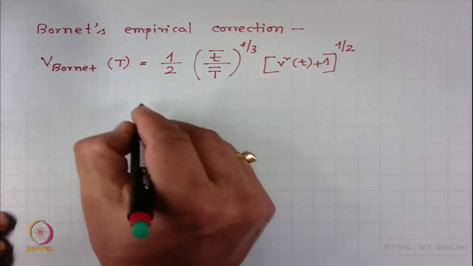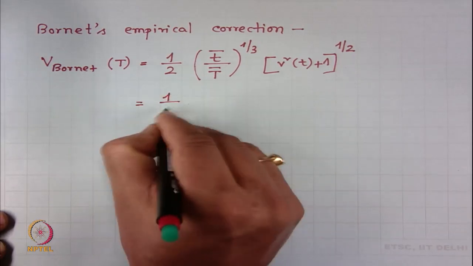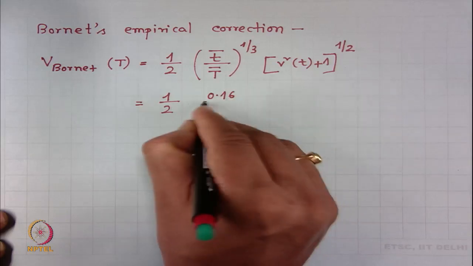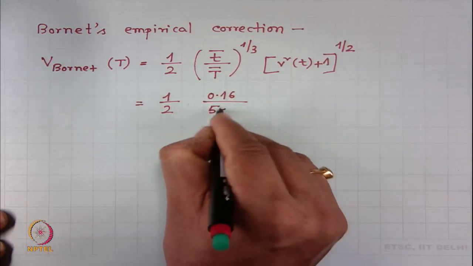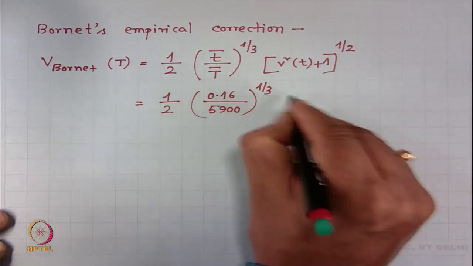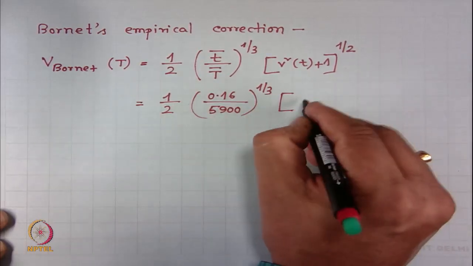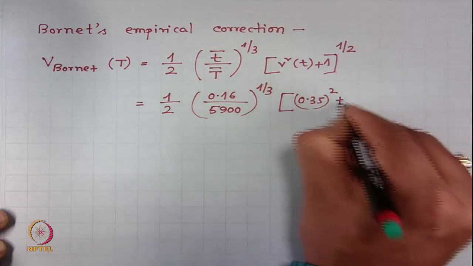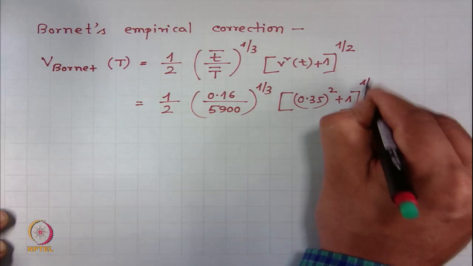So, we use the data given in the problem, t bar 0.16 and 5.9 kilotex, so 5900 tex, and 0.35 plus 1 to the power half.